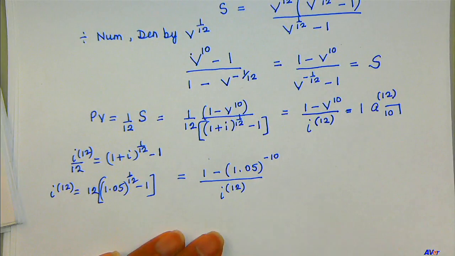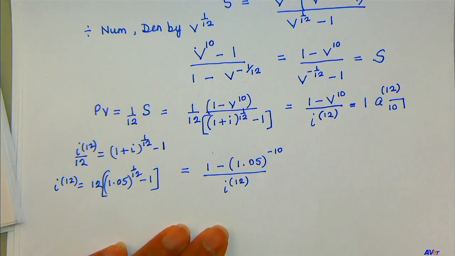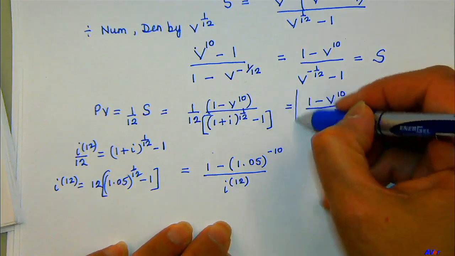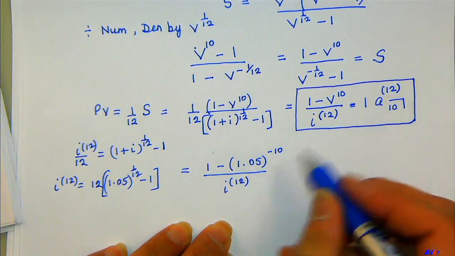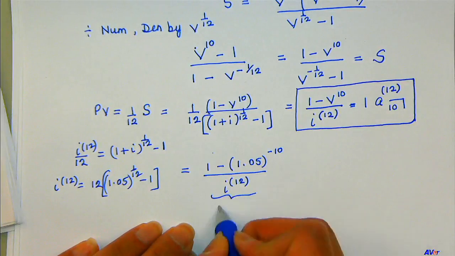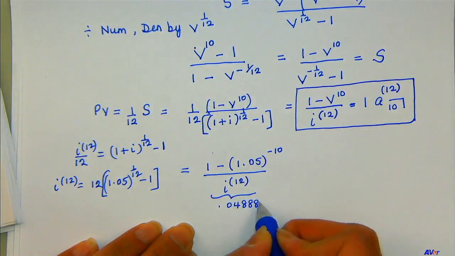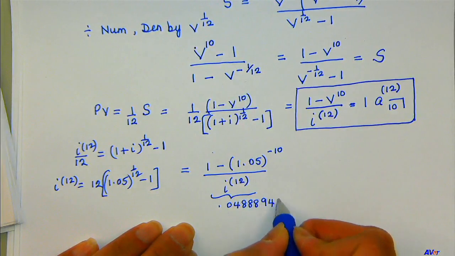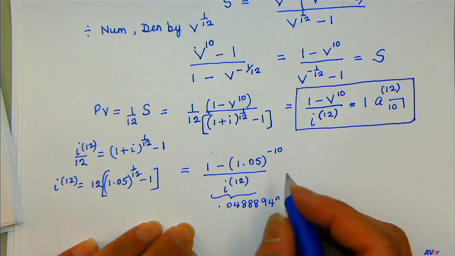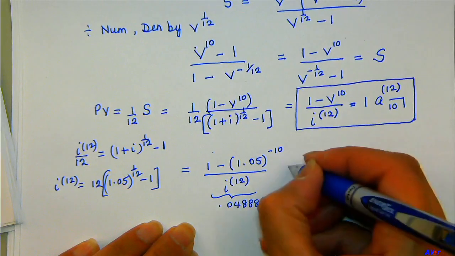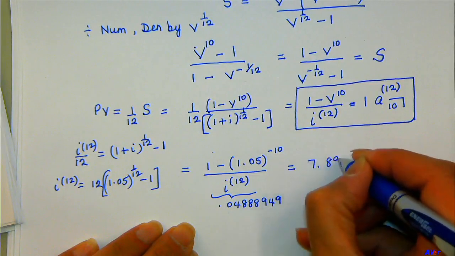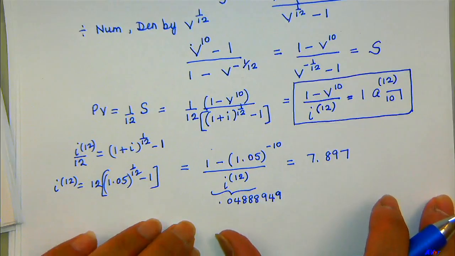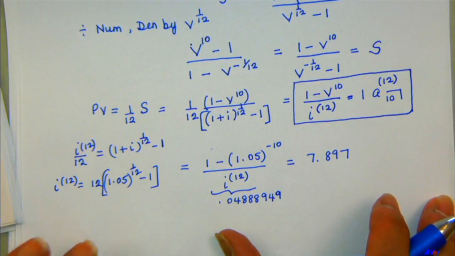What do you get for I-12? 0.048894. Can I call it 9? And then what do you get when you divide? I got 7.897. So my present value is 7.897.